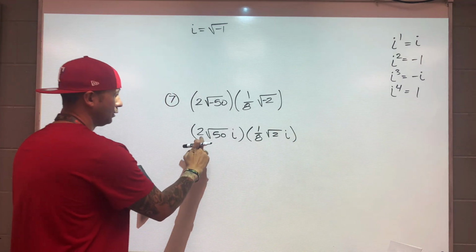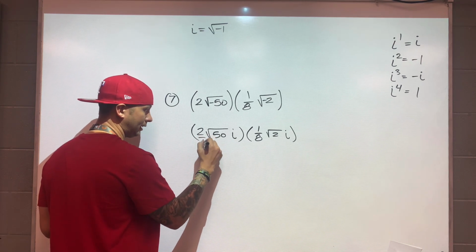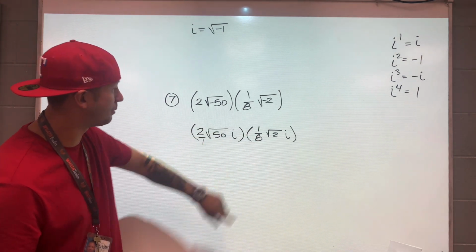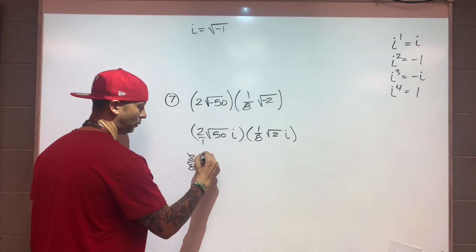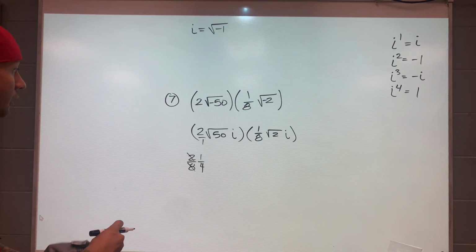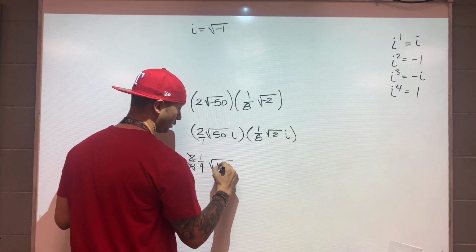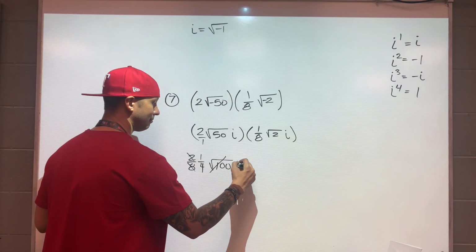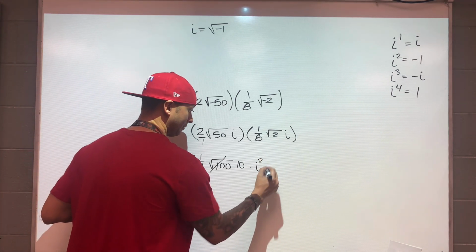Let's do that. So outside times outside, I have 2 times 1/8. Right, all whole numbers are over 1. So this is going to be top times top, bottom times bottom. I'm going to get 2 over 8, which is basically 1/4. Simplify the top, simplify the bottom. So that's 1/4. 50 times 2 is 100. Square root of 100, that's 10. i times i is i squared.